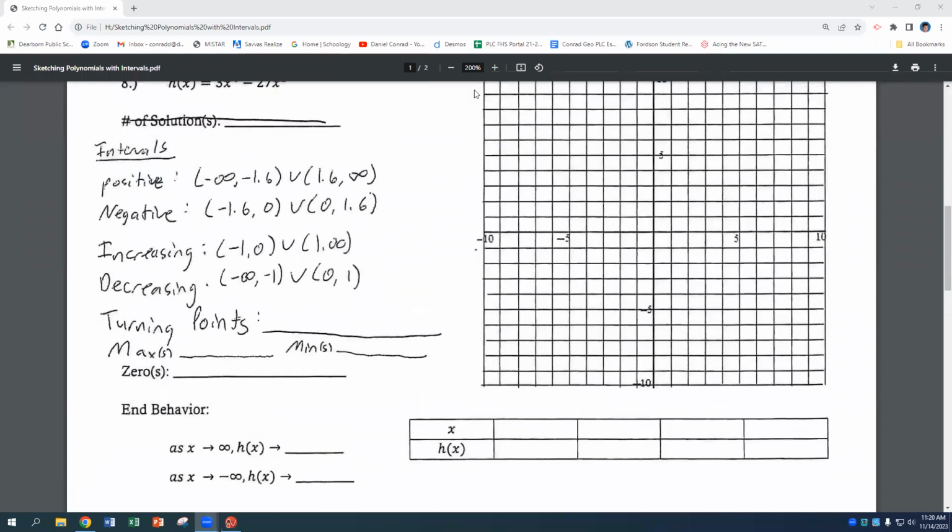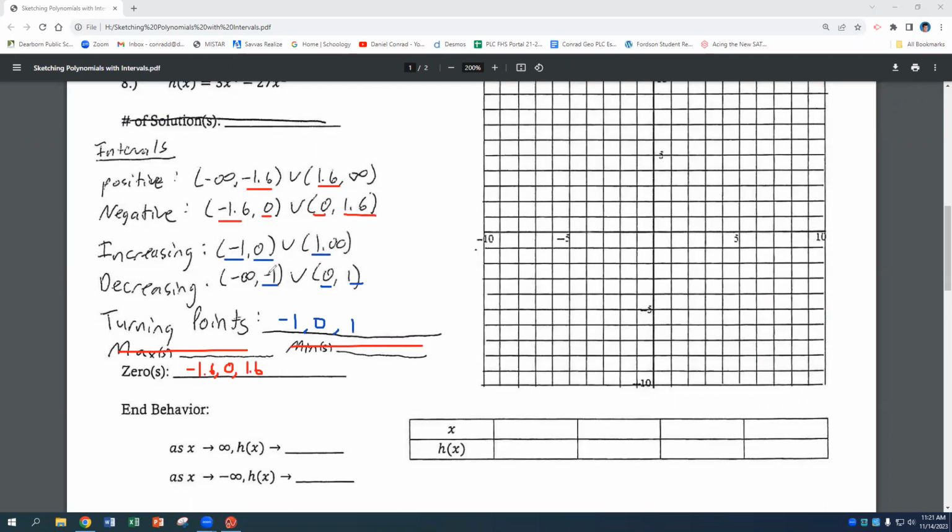I use my positive and negative intervals to find my x-intercepts: negative 1.6, 0, and 1.6. We're not going to worry about the maxes or the mins. Then we use the increasing and decreasing intervals: negative 1, 0, and 1. Those are my turning points.